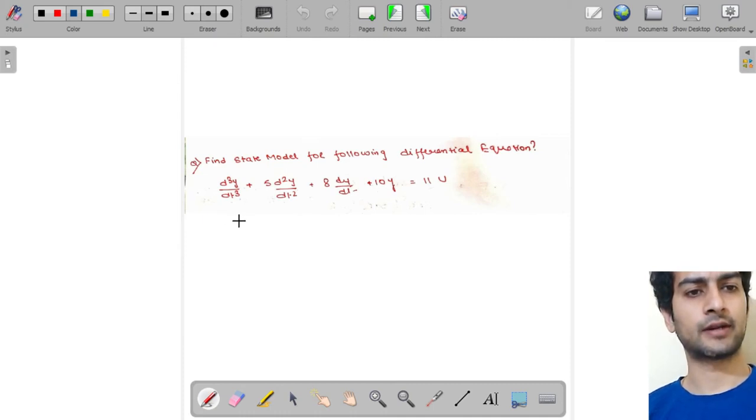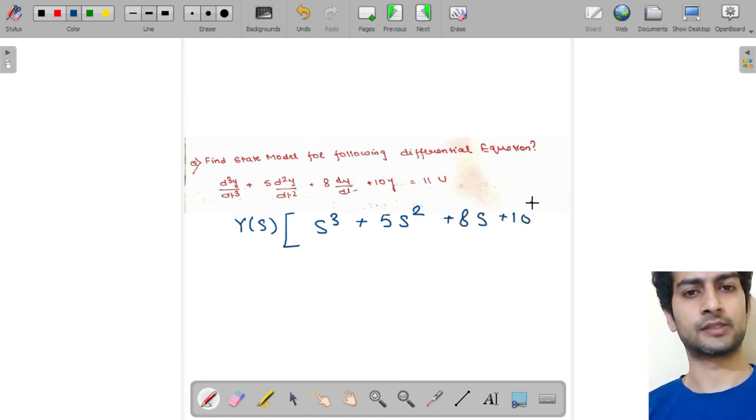So I will write it directly. So Y of s, it will become s cube, it will become 5s square, it will become 8s plus 10, is equal to 11 U of s.